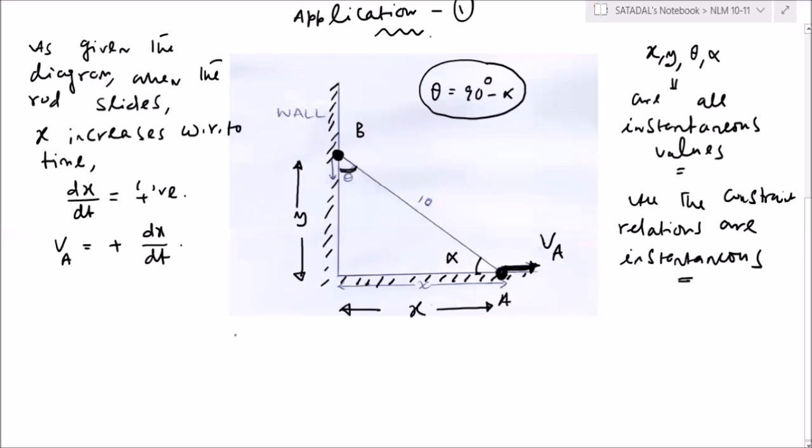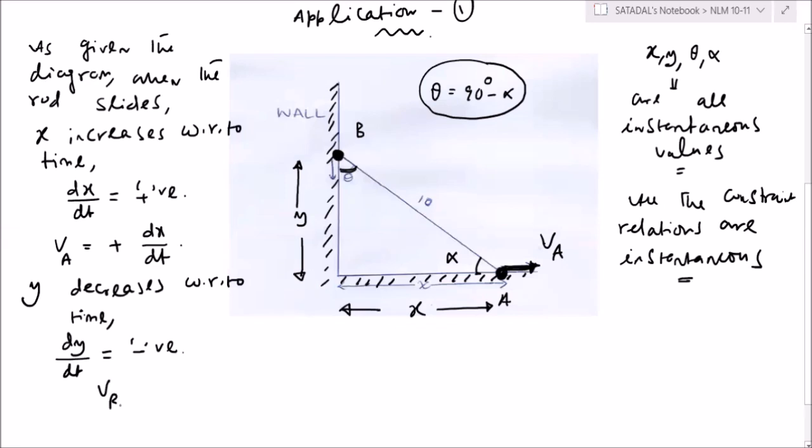Right? At the same time, y decreases with respect to time. So it means dy dt is negative, right?